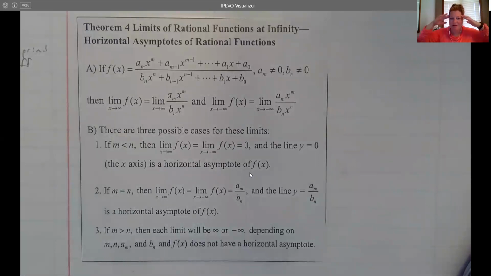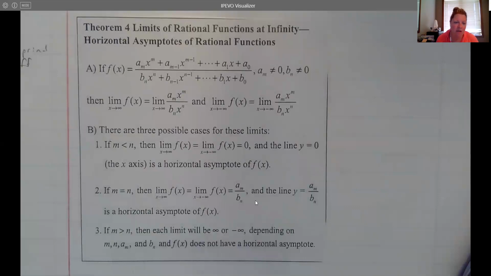I said it backward, didn't I? The top's smaller. So if I have x over x squared and I'm putting in infinity, where am I headed? 0, because the bottom's going to get so much bigger faster that it's going to be going to 0, because there'll be fractions and they'll be getting smaller, smaller, smaller, smaller.